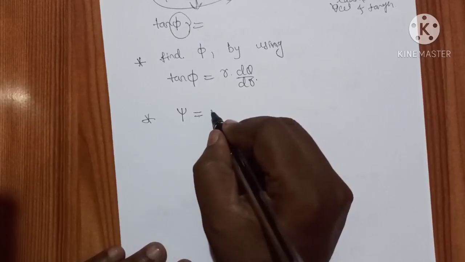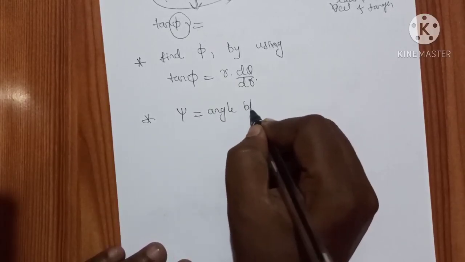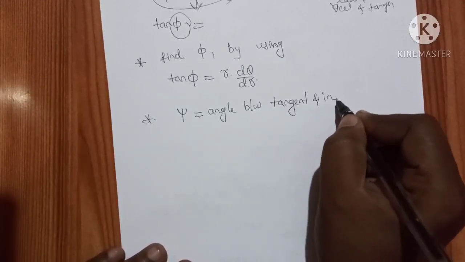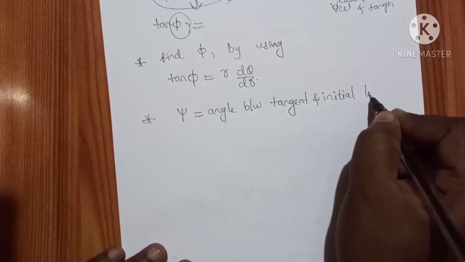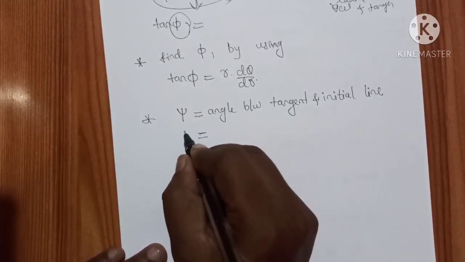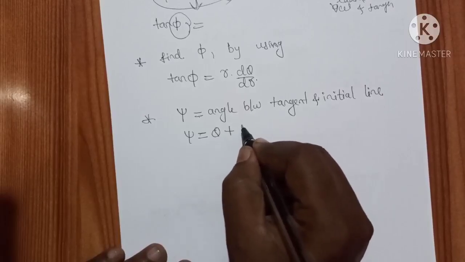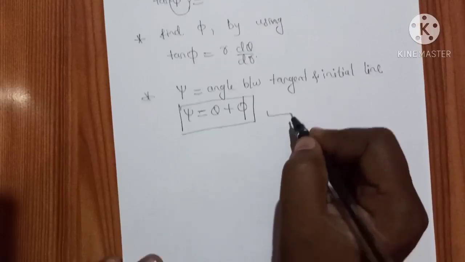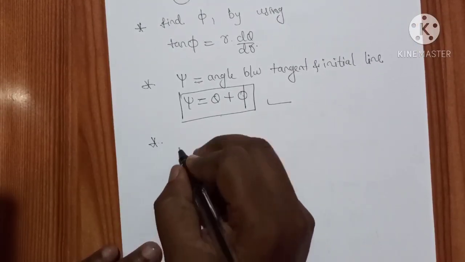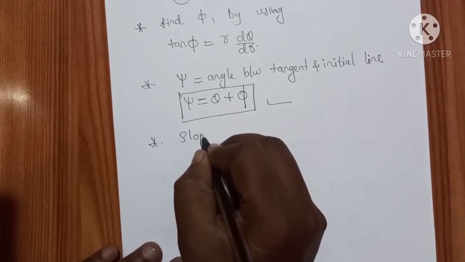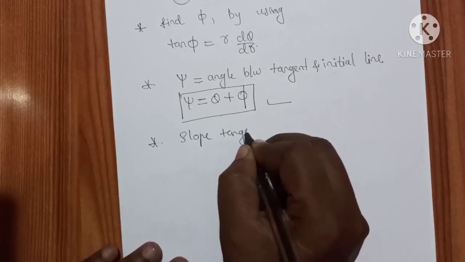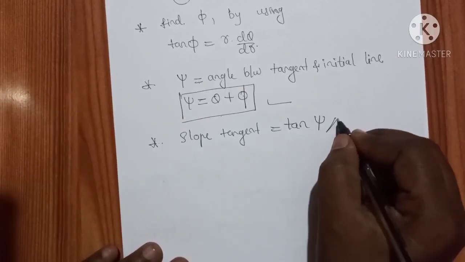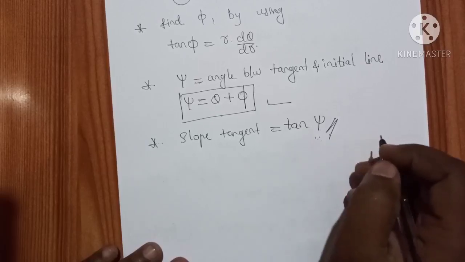So this psi is the angle between the tangent and initial line, which is given by theta plus phi. So this is also important. And the third step is the slope of the tangent is given by tan of psi. Okay, so this gives the slope of the tangent.